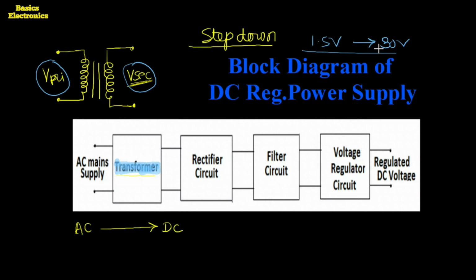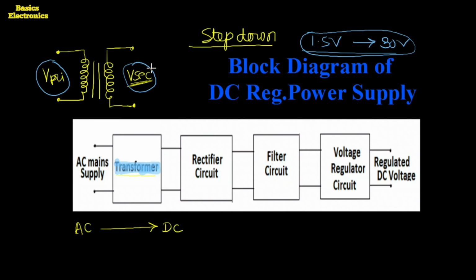Transistors, diodes, and ICs are available in the electronic circuitry, and all of them require different DC voltages, but between 1.5 volts and 30 volts. Some circuits require less than 1.5 volts, but most require an operating voltage between 1.5 and 30 volts.